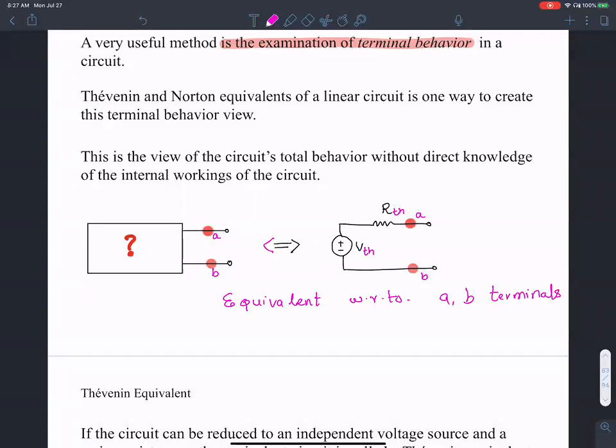So that's the idea. How can you simplify a large circuit into a simple voltage source with a resistance? That's the idea of Thevenin's equivalent.